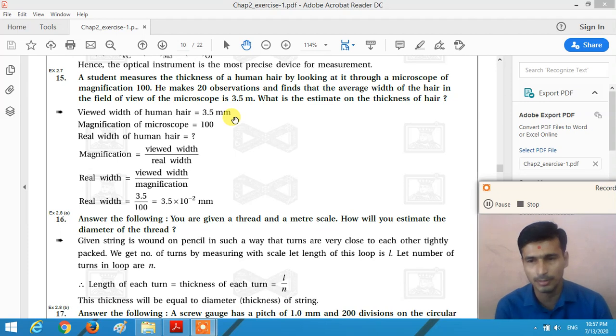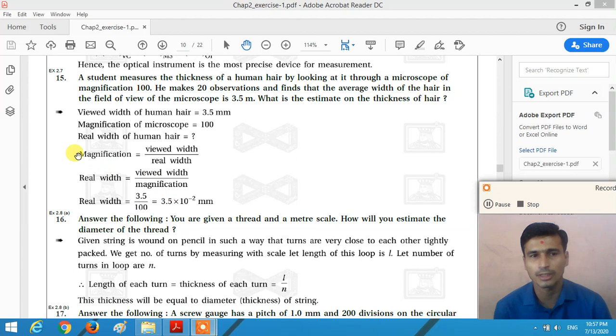So what do you mean by magnification? Magnification is equal to viewed width divided by the real width. So the real width is equal to viewed width divided by magnification. So in a microscope of magnification 100, we get an image 100 times greater than the size of the original.